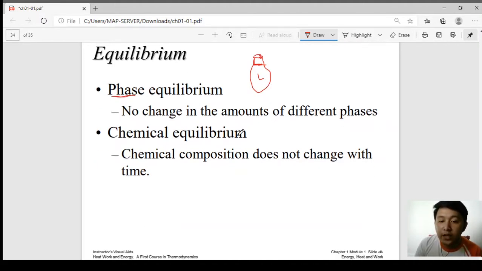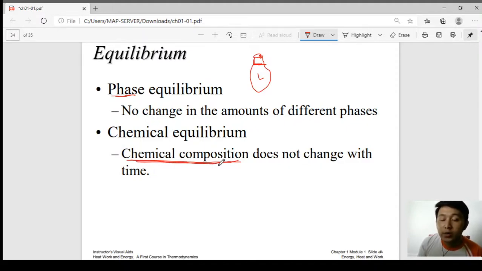Then we have the chemical equilibrium. In a chemical equilibrium, the chemical composition does not change with time. So how can we say that the chemical composition is changing? The chemical composition changes when there is a chemical reaction.